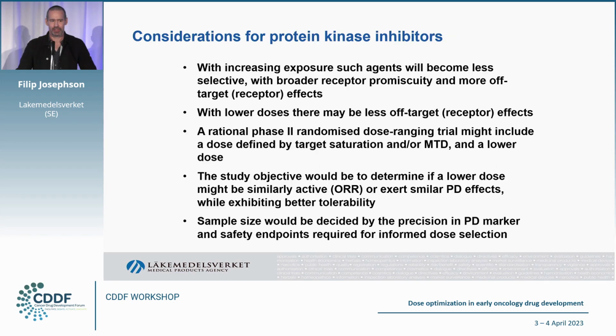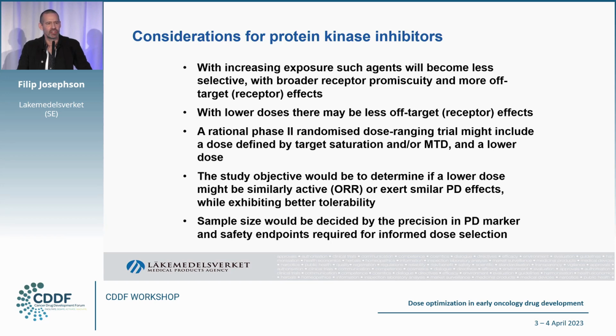So now I'm going a bit off script compared to what's in our guidance. The previous speaker referred to the differing concerns with different kinds of compounds. And for protein kinase inhibitors, in the general case, with increasing exposure, such agents will become less selective with broader receptor promiscuity and more off-target receptor effect.